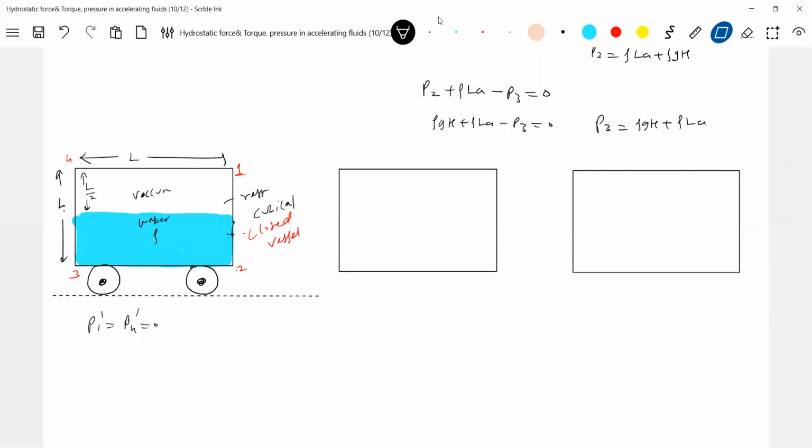What will happen to the free surface, I'm interested. It's a cubical, I think it appears cubical. Okay.